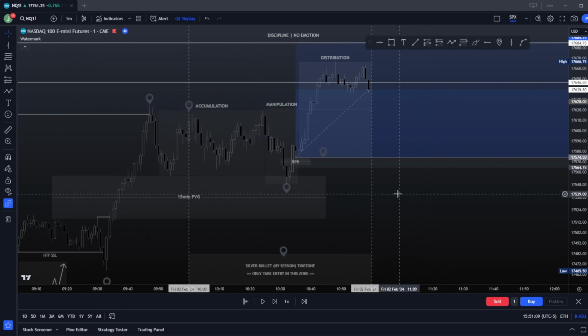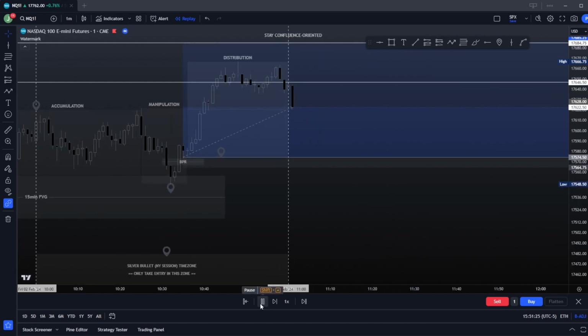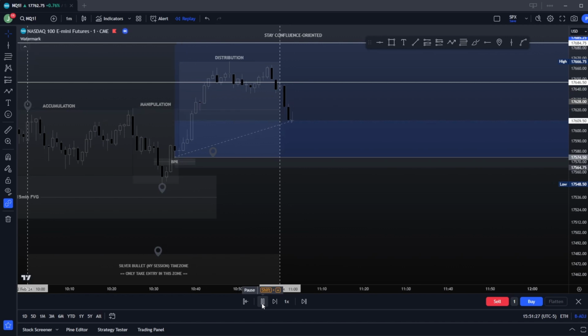The potential is there, and if the potential's there, what's the harm? Especially if we're risk free. So we do just that, and we let it ride.